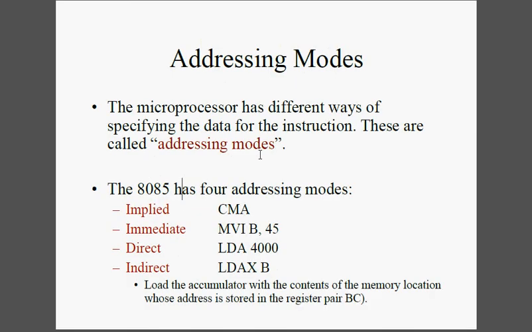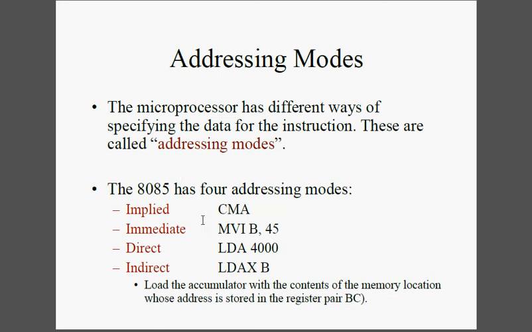And then, addressing modes. The microprocessor has different ways of specifying the data for the instructions. These are called addressing modes. The 8085 has 4 addressing modes. The first one is implied, CMA, which is built in and needs no address.